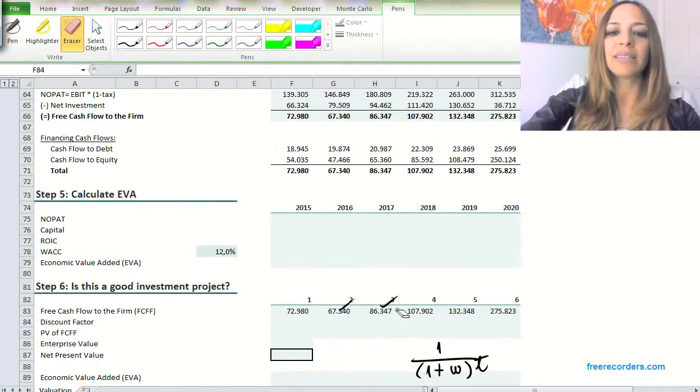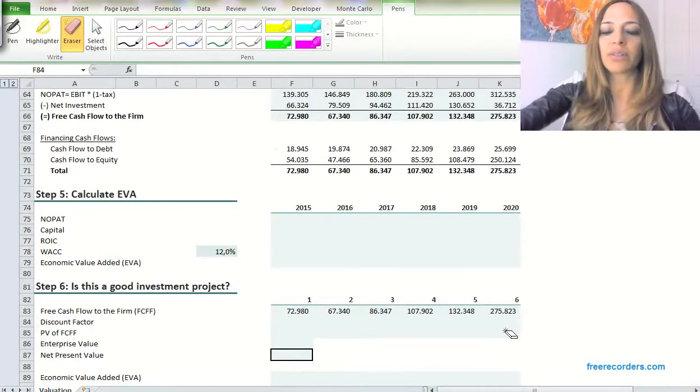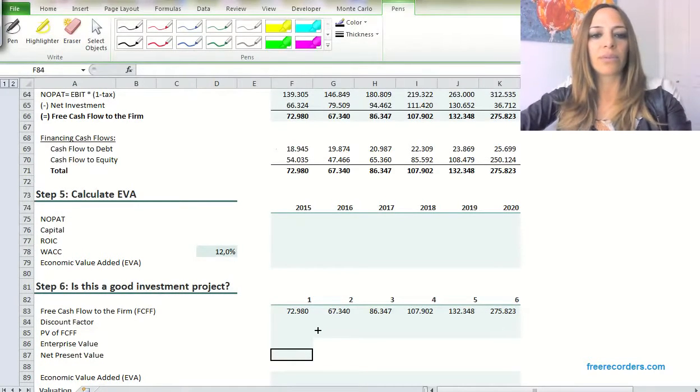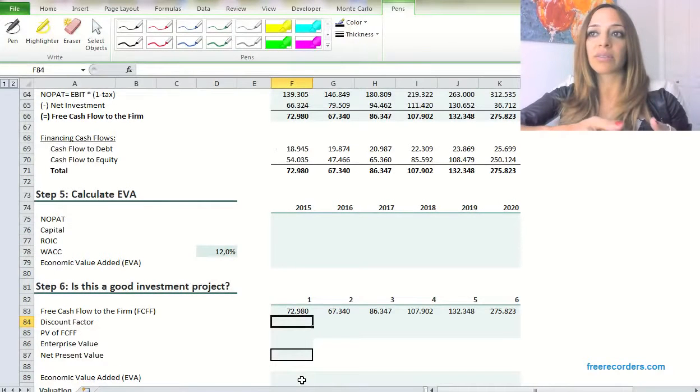Then the last discount factor will be different because we are working here with a perpetuity. So let's assume the weighted average cost of capital to be 12%. That's the opportunity cost. That's the discount rate to calculate, in this case, present values.